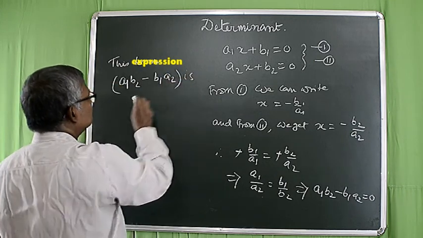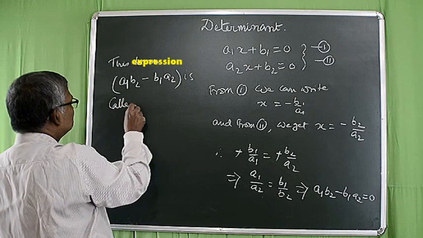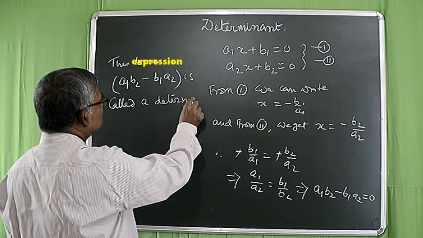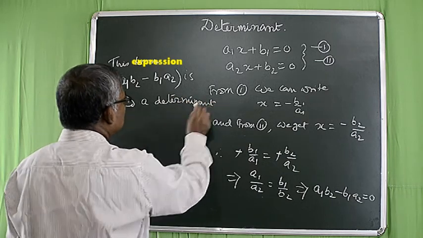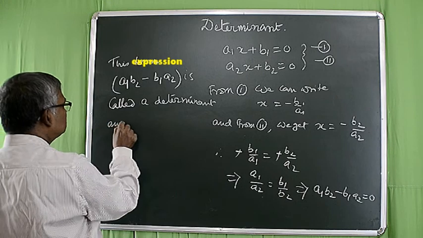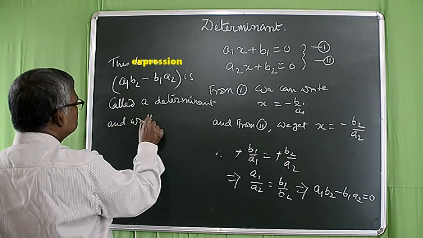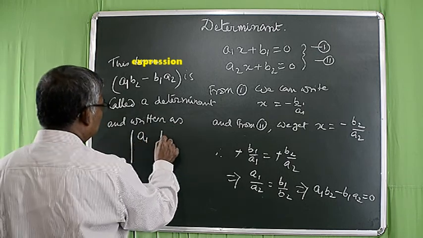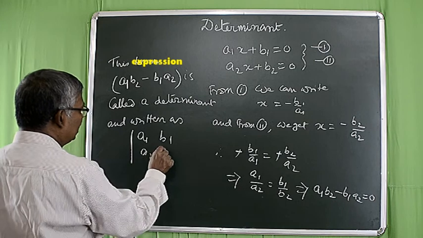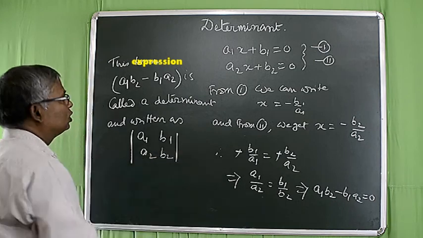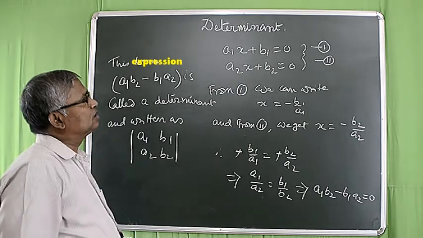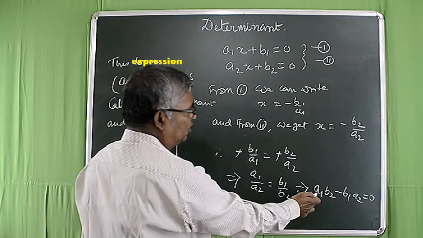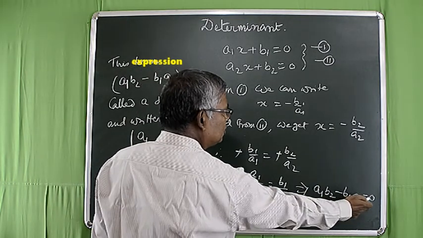is called a determinant and written as a1 b1 a2 b2. Students, whenever these two equations have the same root, then we get a1 b2 - b1 a2 = 0.